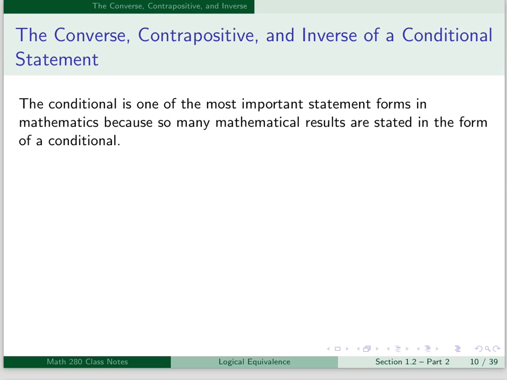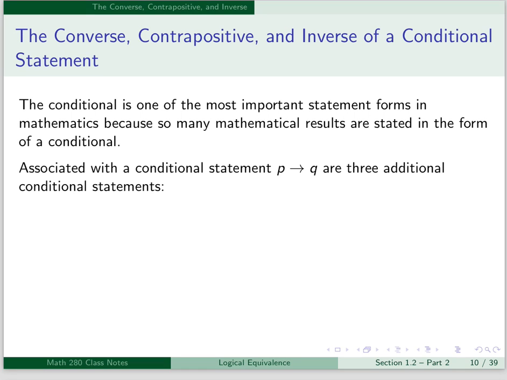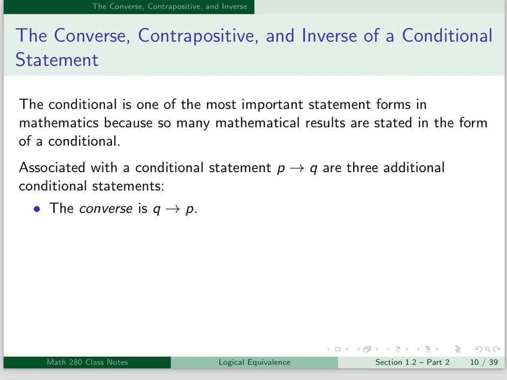Next, we want to look at the converse, contrapositive, and inverse of a conditional statement. The conditional is one of the most important statement forms in mathematics because so many mathematical results are stated in the form of a conditional. Associated with a conditional statement, P implies Q, are three additional conditional statements.